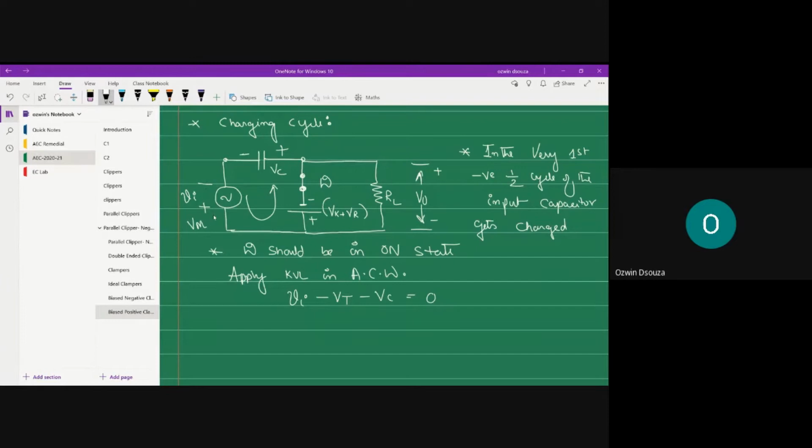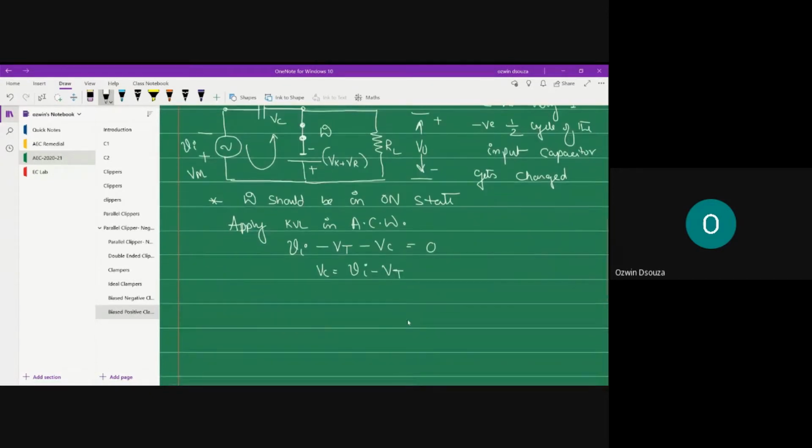Minus to plus Vi, plus to minus Vt, plus to minus Vc is equal to 0, or the voltage across the capacitor Vc is Vi minus Vt. So this is the capacitor voltage.